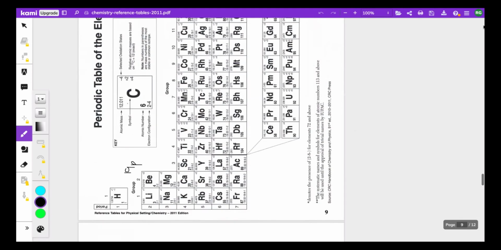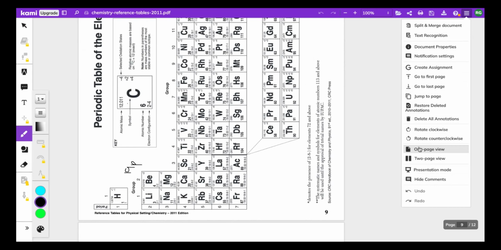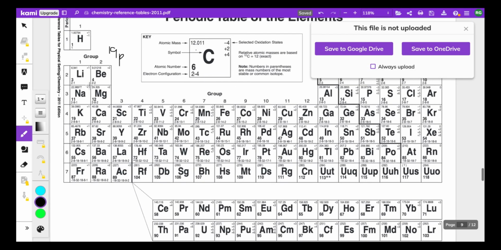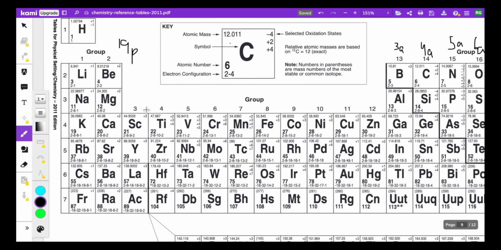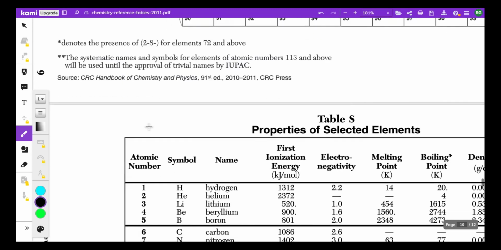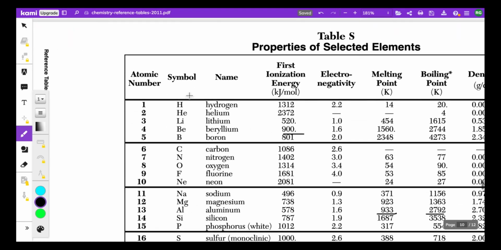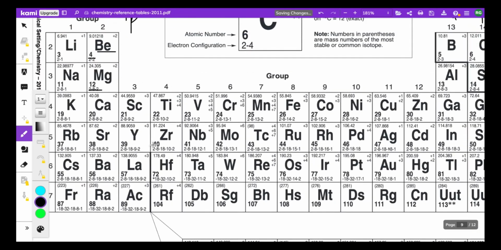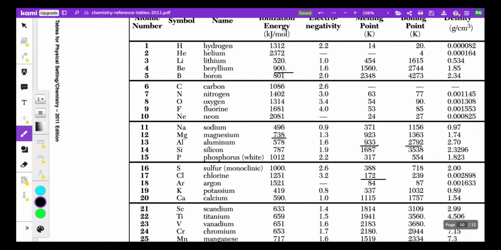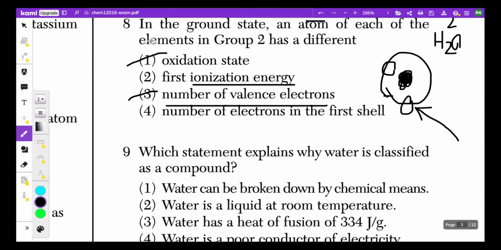And if we were to go to our periodic table, you'll see that for beryllium, element 4, the ionization energy is 900. Magnesium, element 12. Oh, the ionization energy is different. Oh, therefore number 2 is our answer.